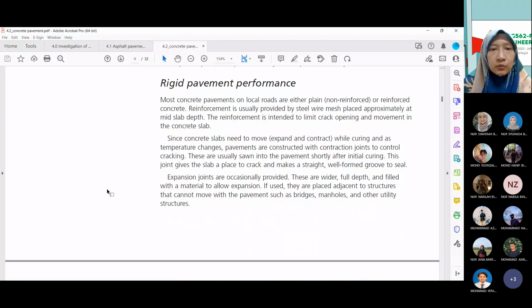And then just to explain exactly what a rigid pavement is. In rigid pavement, we have concrete, either non-reinforced or reinforced concrete. So we also have reinforcement, usually provided by steel wire mesh placed approximately at the mid-slab depth. The reinforcement is intended to limit crack opening and movement in the concrete slab.